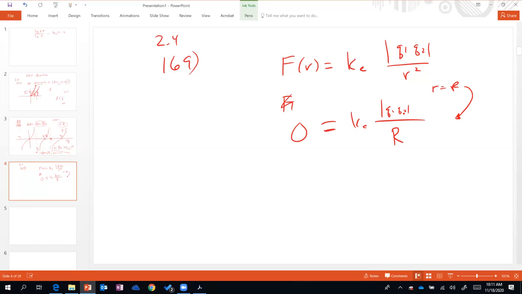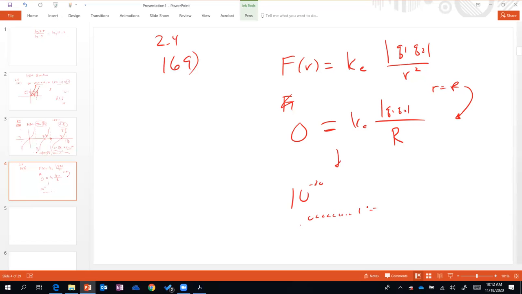Instead of making the force 0 at R, instead we let the force be... Okay, so now let's go on to 169. So the force is this. So instead of it being exactly 0, you've scrunched all the... Oh, okay.